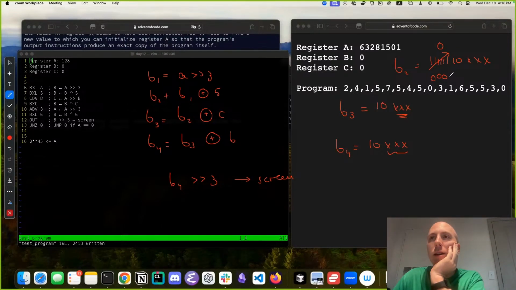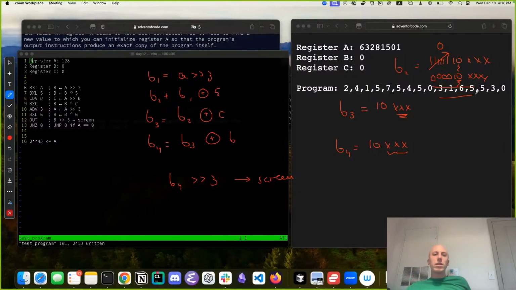Depending on what C could be, these could even be different. This one's kind of weird.